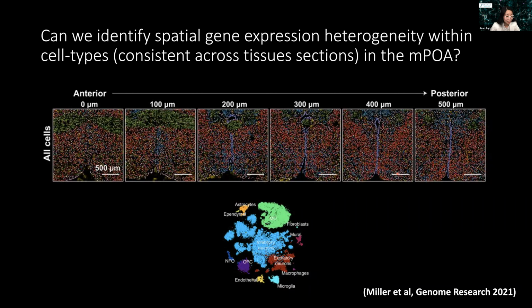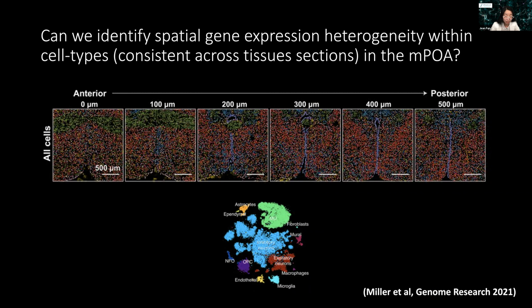But this MPOA region of the brain is particularly interesting because it has been previously shown to be essential for controlling social behaviors such as parenting, mating, and aggression. So we're very interested in just understanding how these various behaviors potentially may be molecularly encoded or spatially encoded.